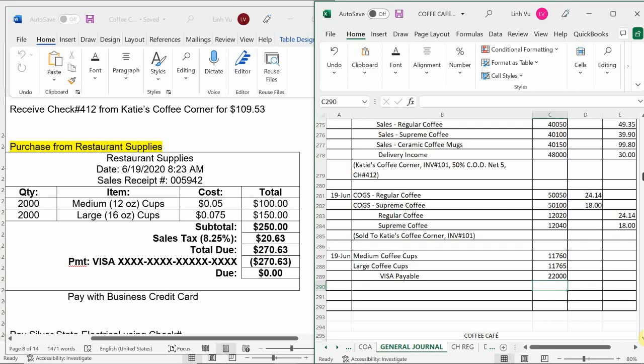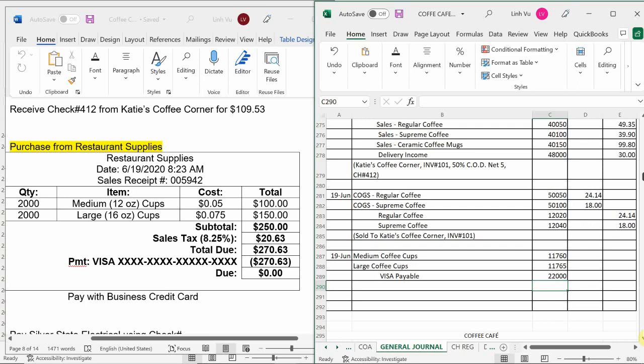Now, what do I do with the tax? You split it in half. Not in half. Well, however much each tax is. Good.